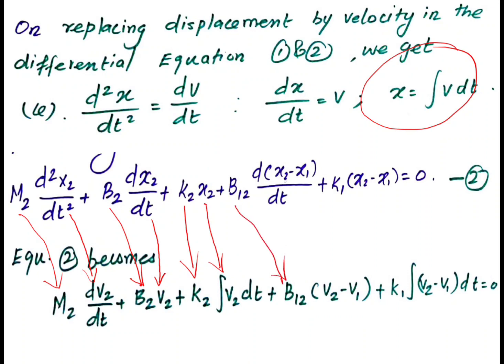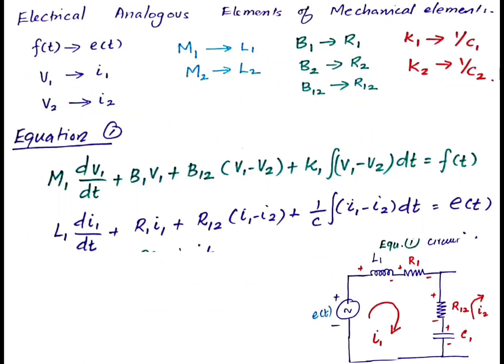Then b12 dx2 minus x1 by dt becomes v2 minus v1, and k1 x2 minus x1 becomes integration v2 minus v1 into dt, which is equal to 0.